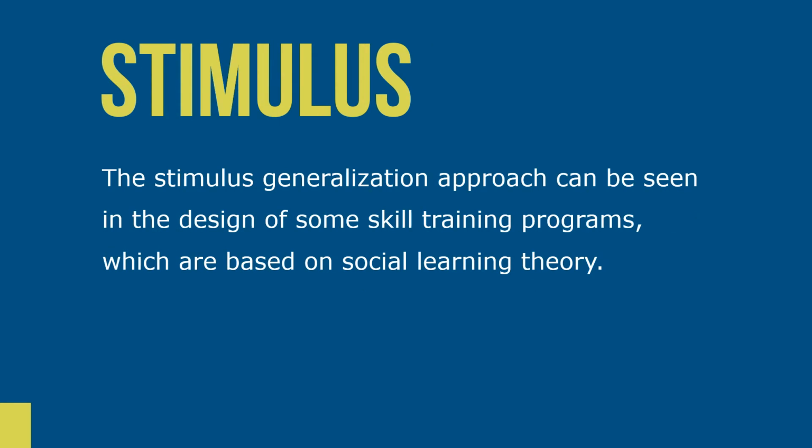The stimulus generalization approach can be seen in the design of some skill training programs which are based on social learning theory. Recall from a discussion of social learning theory that modeling, practice, feedback, and reinforcement play key roles in learning. One step in developing effective interpersonal skills training programs, as an example, is to identify key behaviors that are needed to be successful in a situation.